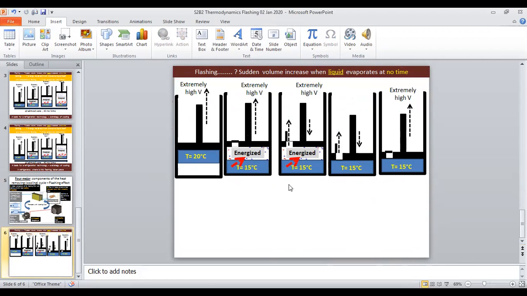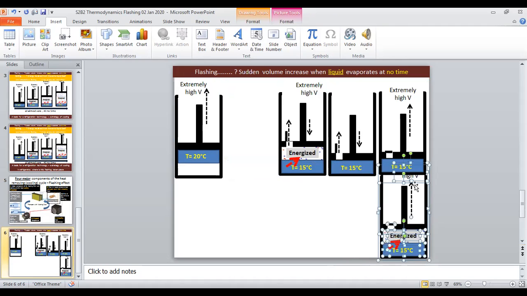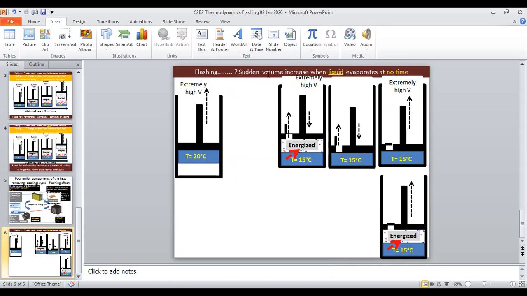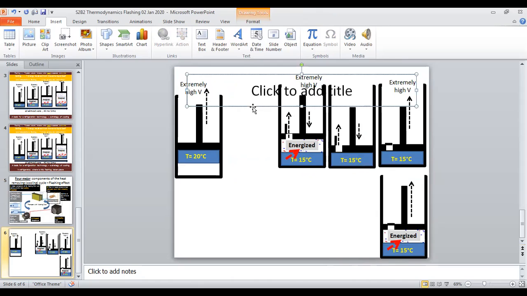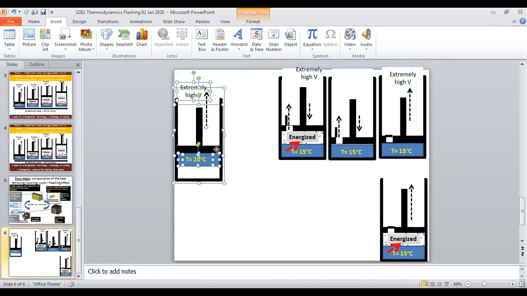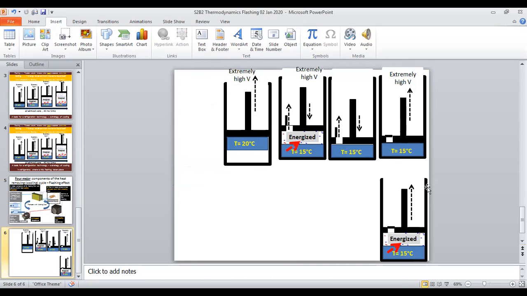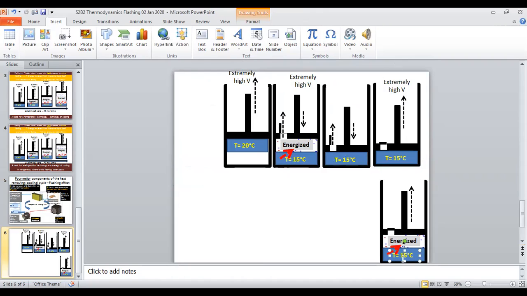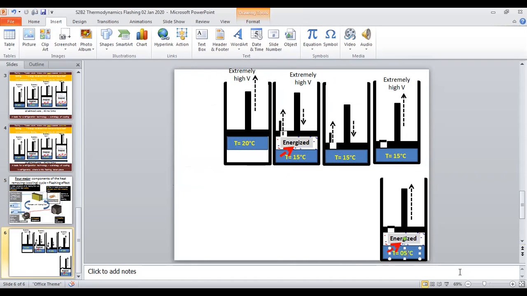As a result, this temperature 15 may be dropping to, let's say, 5 degrees.